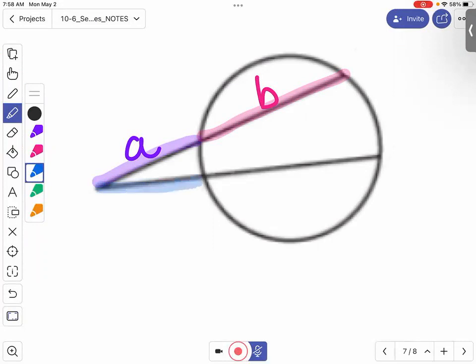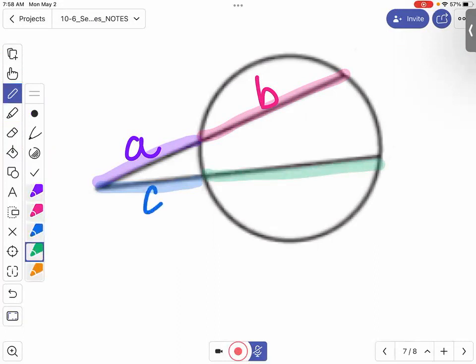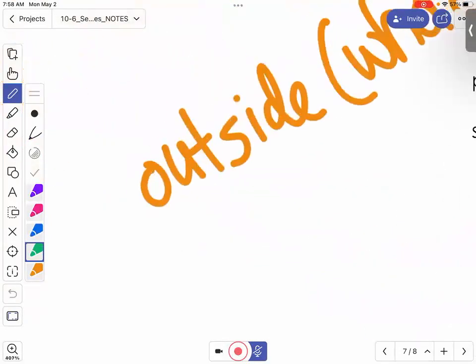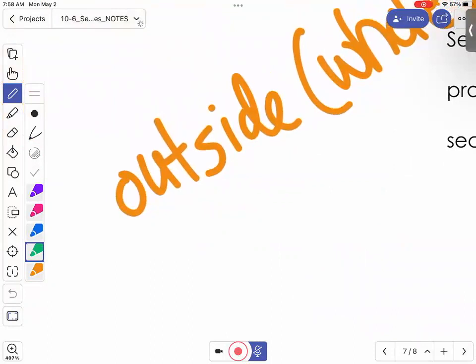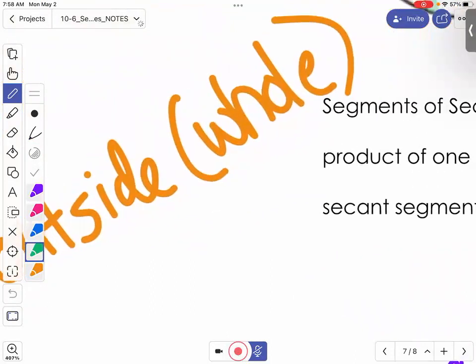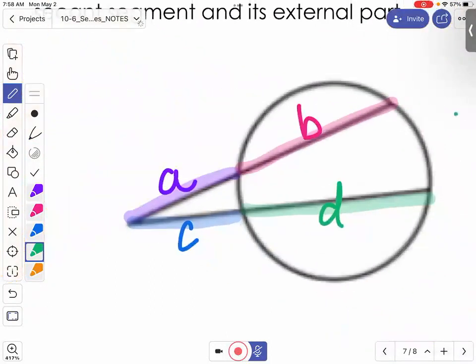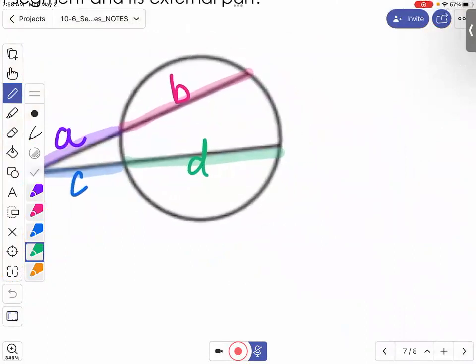The outside piece can be my C. The inside part will be my D. Now the A piece and C piece are the external or the outside pieces. So we're going to, again, take those outside pieces times the whole entire secant for both of them. And that product is supposed to be equal.